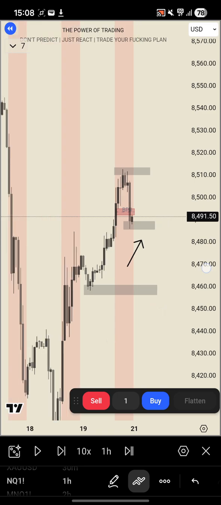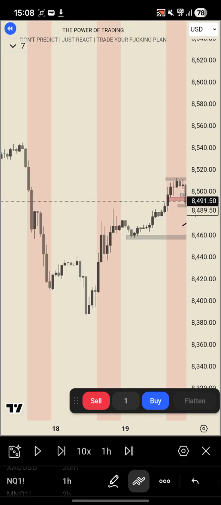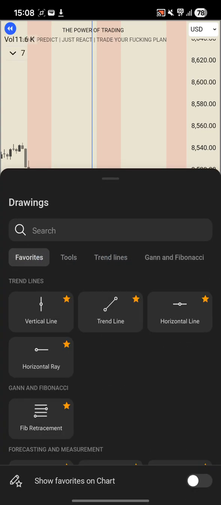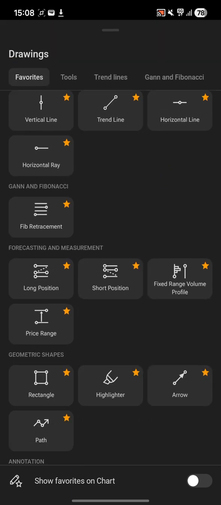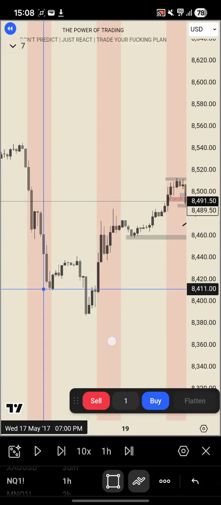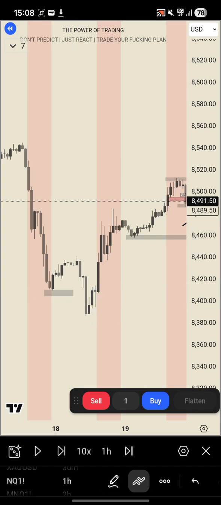We're now looking to be like, okay, we were in a downtrend. We made a lower low.